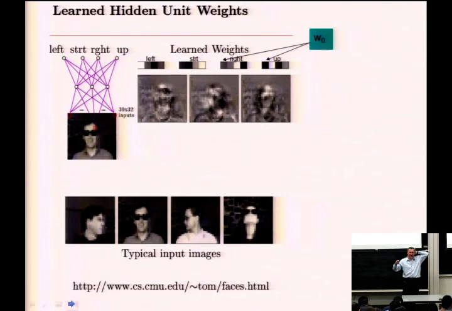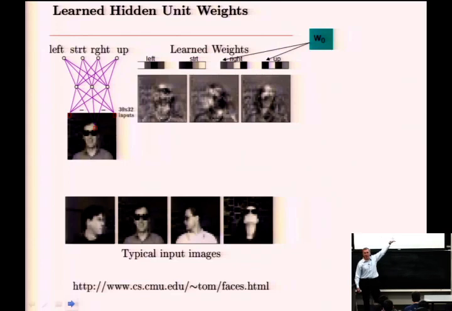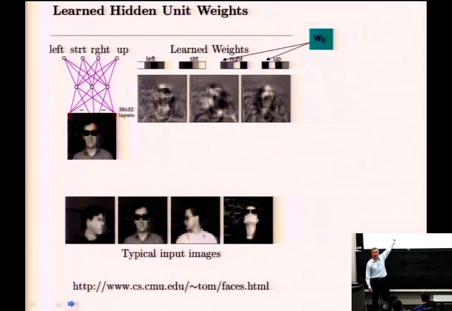That is, PCA only deals with the question, how do I find a lower dimensional representation that minimizes the reconstruction error of the input? Minimize the error in reconstructing those input faces. And here, of course, we have a different task. We're not trying to output the input image. We're trying to output a decision about what direction the face is looking.